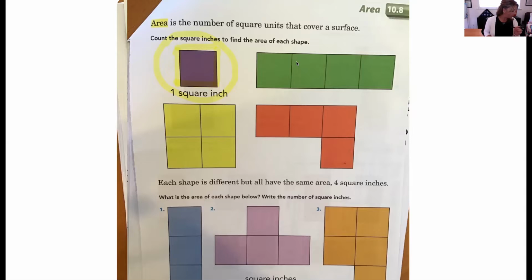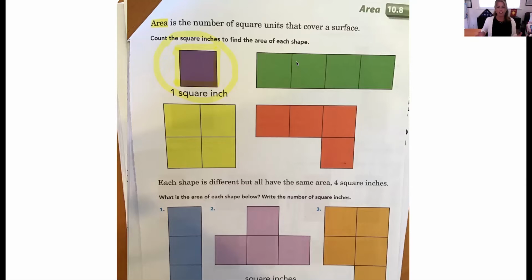And then a square inch is used to measure the area of a surface. So we use a ruler, we use inches to measure the length of how big something is, like your desk. Remember we measured with a ruler the length of your desk? Well, we use the square inch to measure the surface.